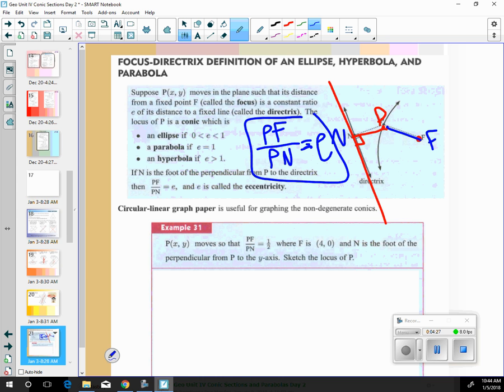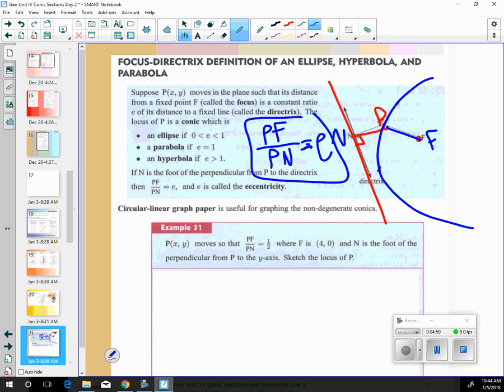But if the ratio is less than 1, in other words, PF is smaller than PN, then you're going to have an ellipse. Think of it this way: you've got a parabola if these distances are equal.